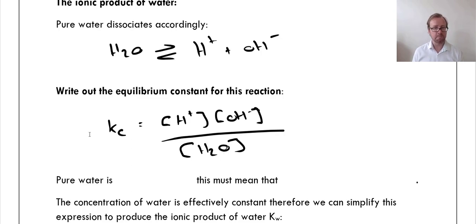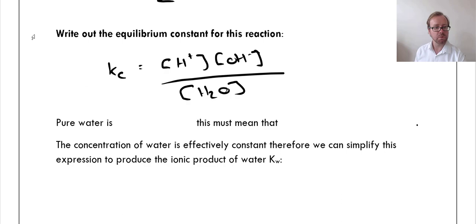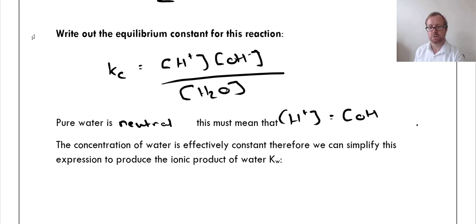So pure water is neutral. So if pure water is neutral, it must mean that the concentration of H+ is equal to my concentration of OH- ions. If I had more H+ ions, then obviously it would be at a lower pH.